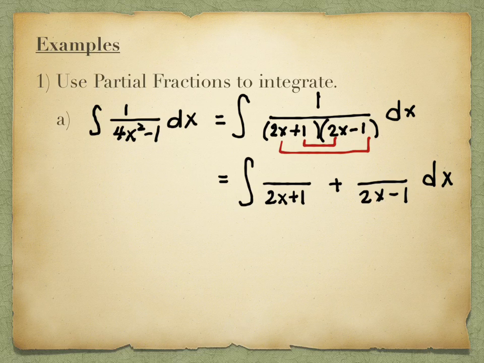So I need to write each of them, and this is step 4, with a degree 1 less than the denominator. What is the degree of each of these denominators? 1. So a reminder, a degree is the highest exponent. I just have the exponent x to the first. So this is a degree of 1. So what would something look like if it had a degree 1 less than 1? 0.